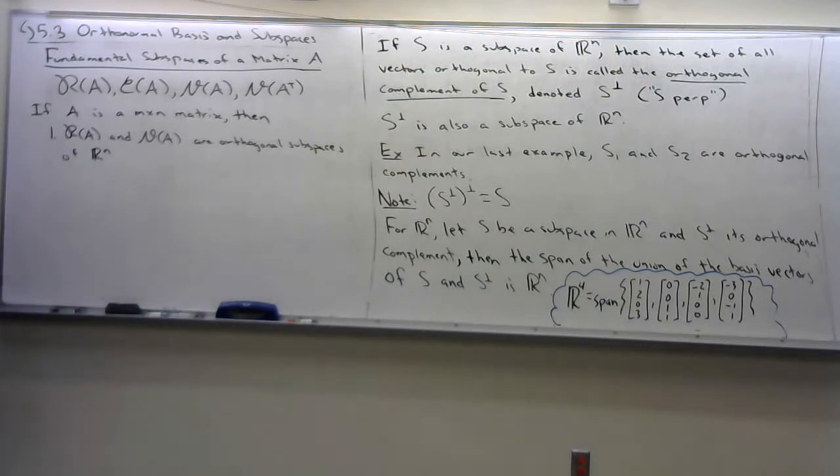So the vectors of the row space of A are always orthogonal to the vectors of the null space of A.